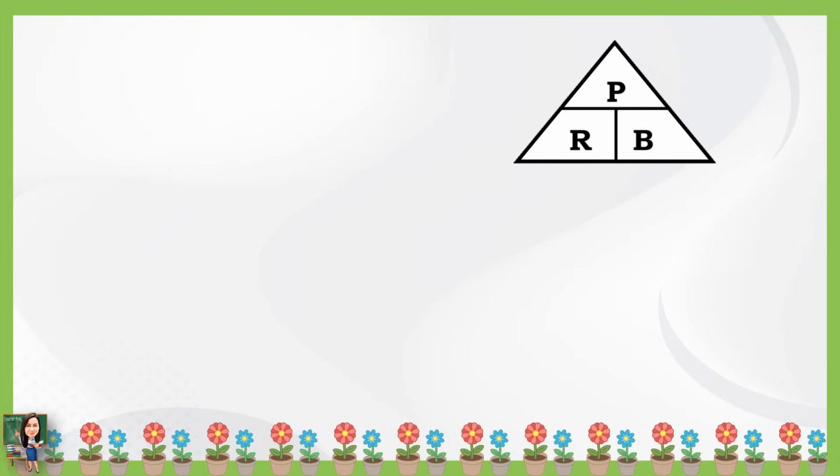So let's study the triangle. To find the percentage, cover P. Since R and B are next to each other, it means multiplication. The formula for this is percentage equals rate times base. Next, to find the rate, cover R. Since P is over B, it means division.